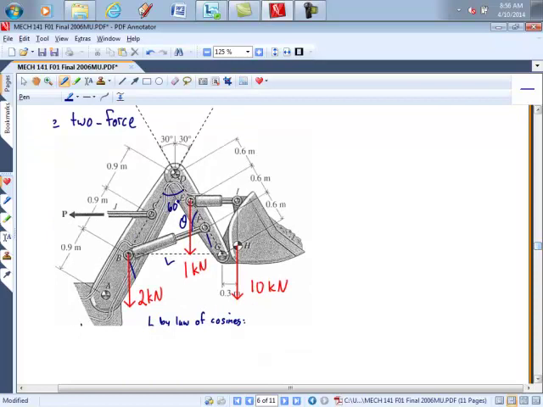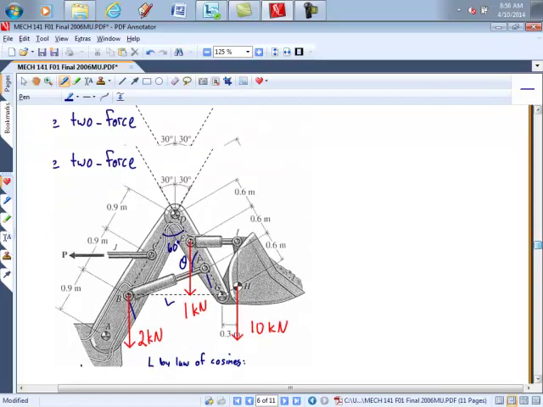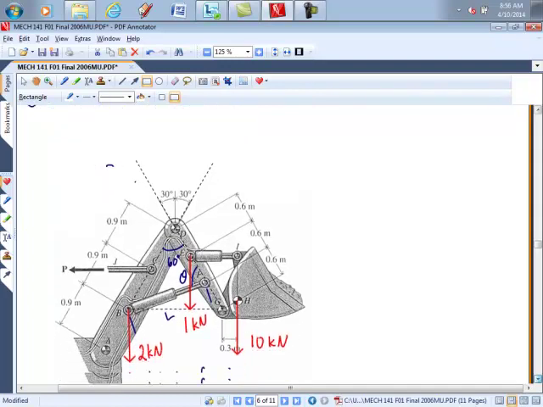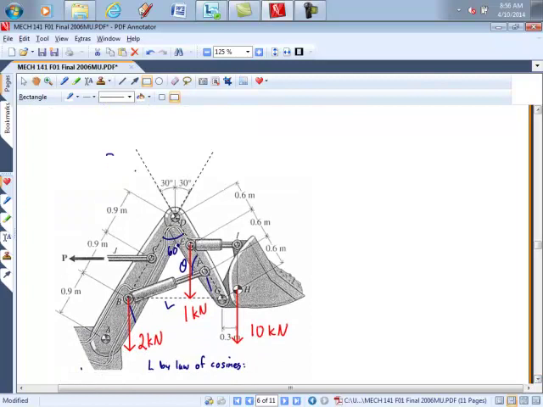All right. Back to our free body diagram of the entire assembly. What other forces are going to be active? Force P, yeah. What else? Reactions at A. That's it.